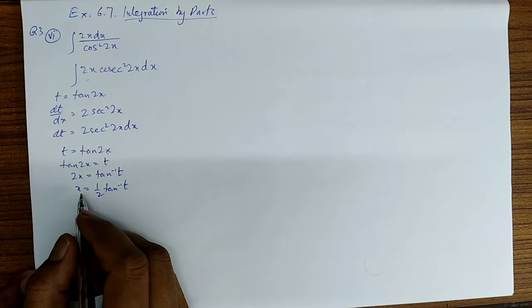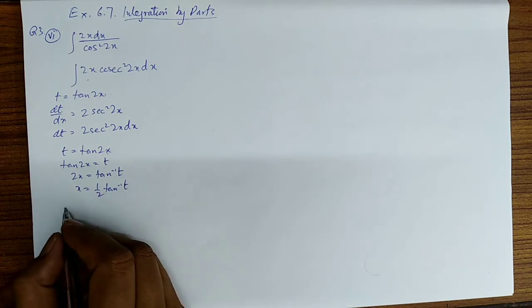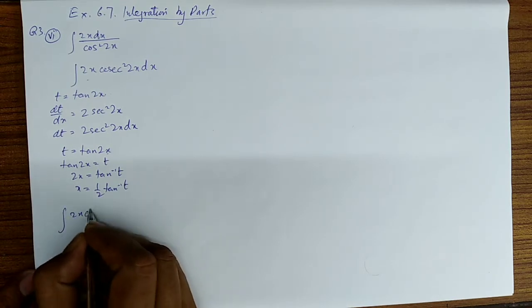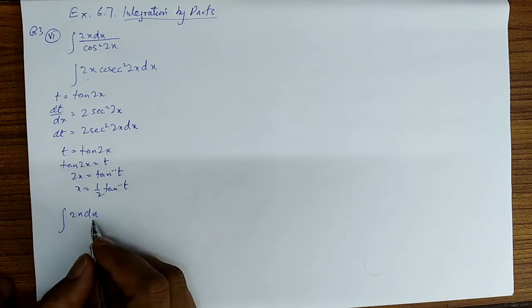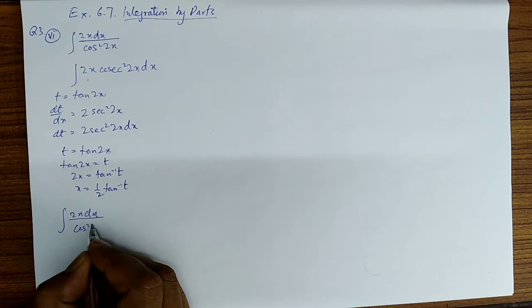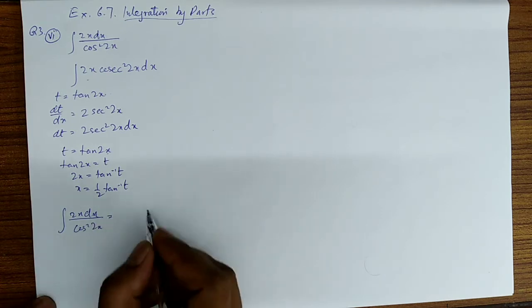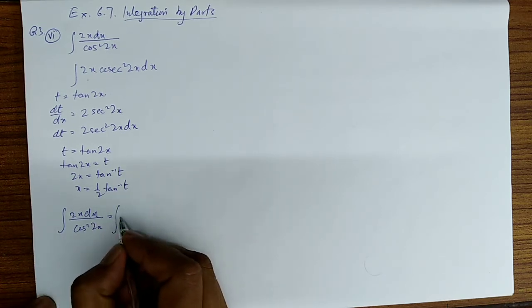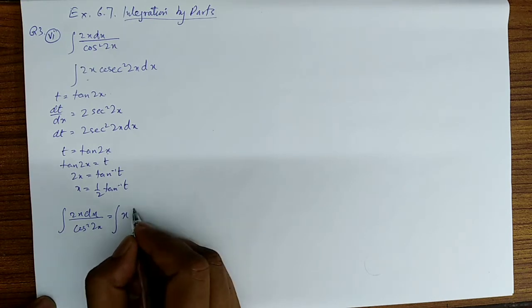What we do is that integral of 2x dx divided by cos square 2x can be written as integral of x.